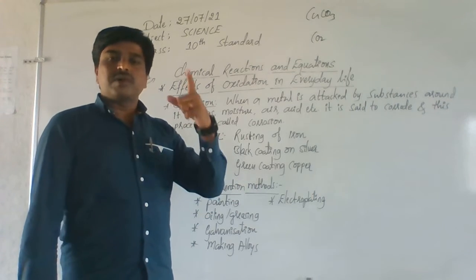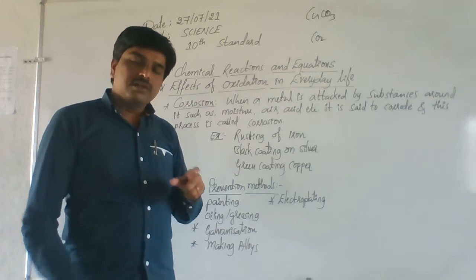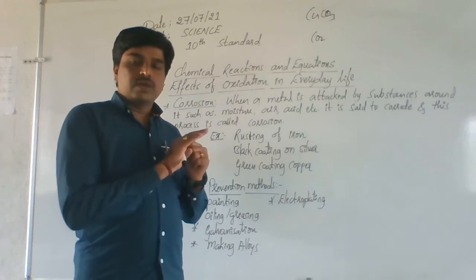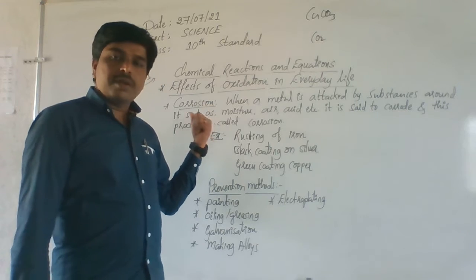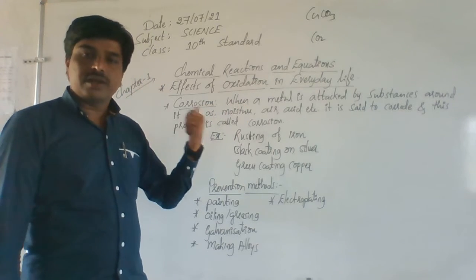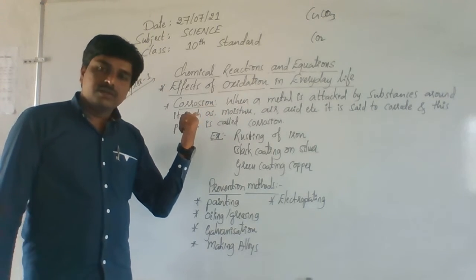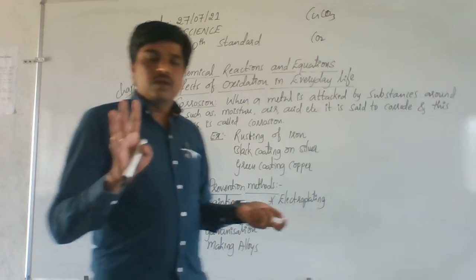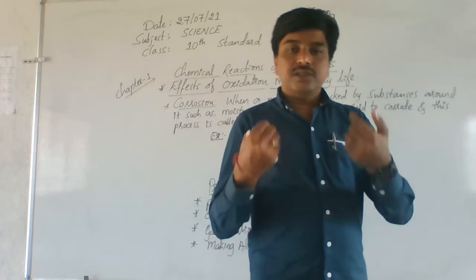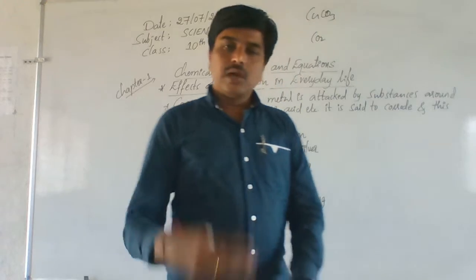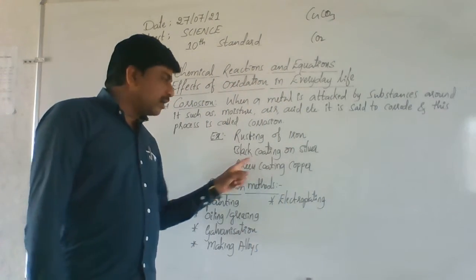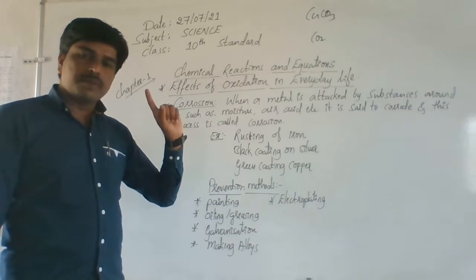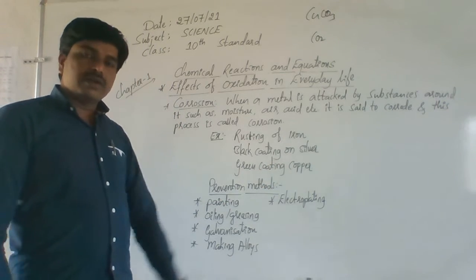If copper carbonate is formed on a copper utensil, the metal slowly corrodes, and that process we call corrosion. So this is the main effect of oxidation in our daily life. In general, we say corrosion means oxidation of metals. Understand? Rusting of iron, black coating on silver, green coating on copper.